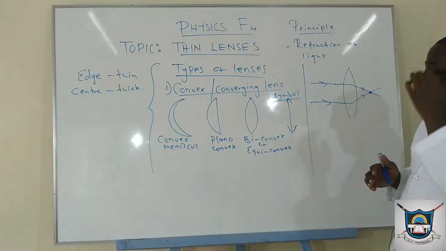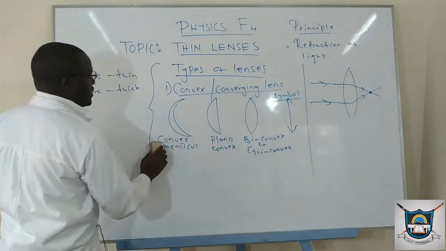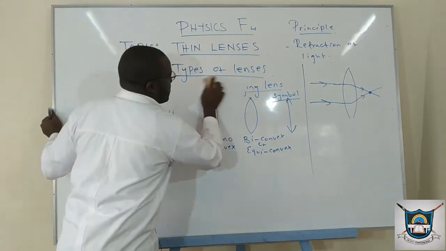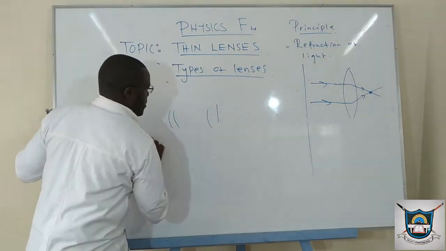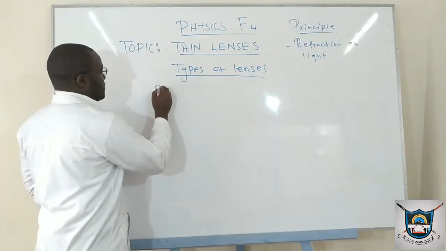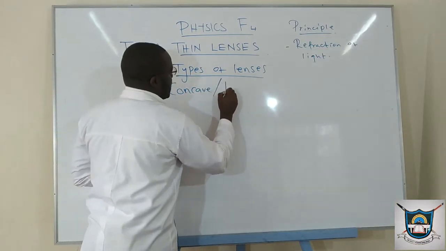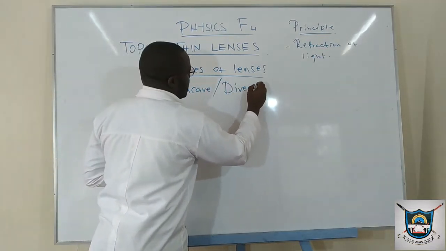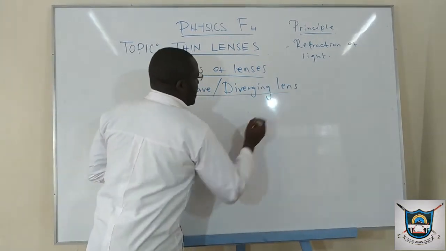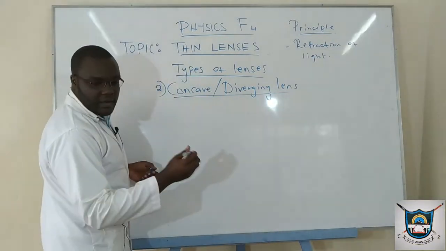Now, the next type of lens, which I want us to look at, the second type, apart from the convex, is called number 2. The second group of lenses, number 2, they are concave, also known as diverging lenses. Now they can appear in different shapes. For example, we have one here.